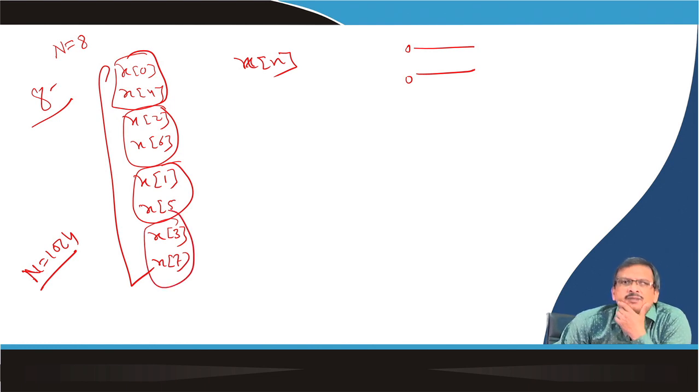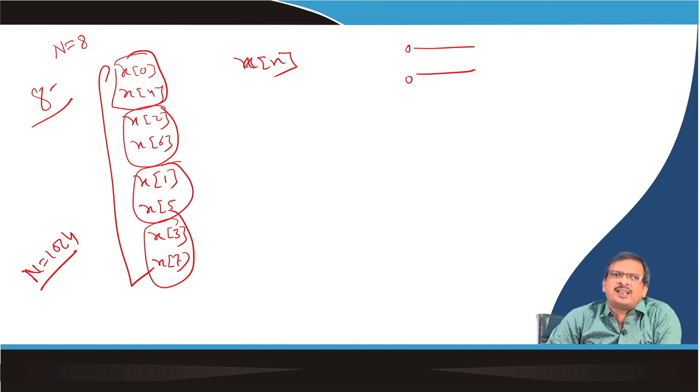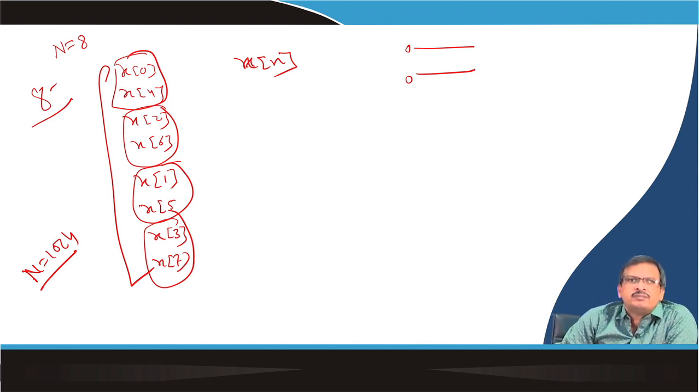In the case of 8, I can separate odd and even. But in the case of n equals 1024, how do I do that? That requires an algorithm in itself. So, instead of reducing the complexity, I am increasing the complexity. So, how should I do it?